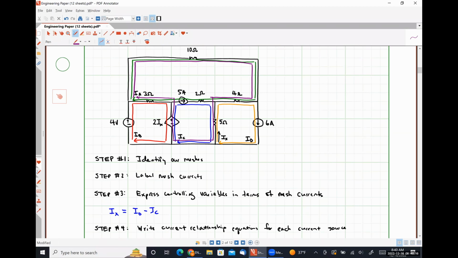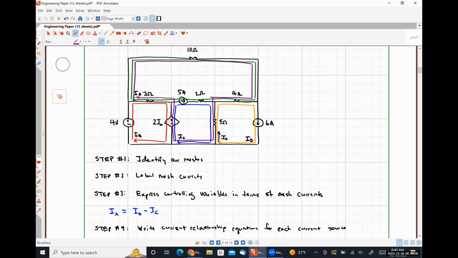So our super mesh is going to be the smallest combination of meshes that encloses the interior current source, so that we don't take the voltage drop over the interior current source. We also have to make sure that our super mesh doesn't contain any perimeter current sources either, because if it did, we would have the same problem.